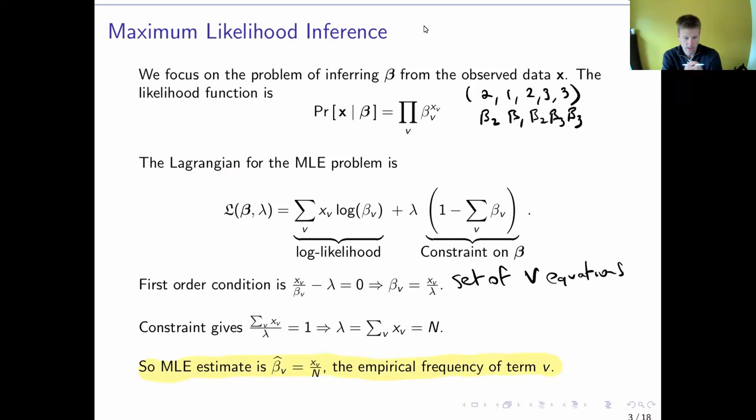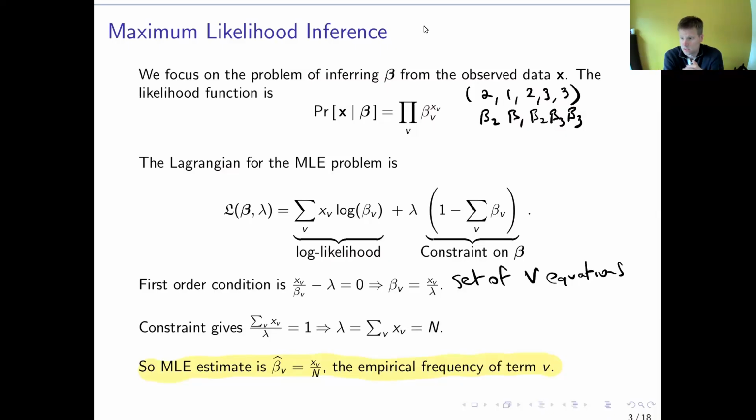All right, so they are simply the empirical frequency of terms in my data. Okay, so XV divided by N is the fraction of slots in my list that are occupied by term V. All right, so I'm going to take the empirical frequency of my terms in my data and use the betas to simply match those empirical frequencies.